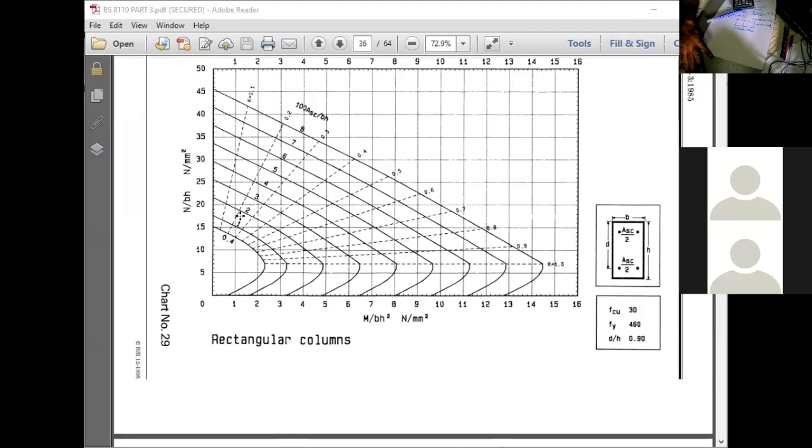The whole section will be in compression. We like to be in this region. We don't like to be in this region. In this region, the axial loads are so low, bending moments are high, so tension is occurring. Whereas if you are in this region, then the axial loads are high, bending moments are low, then the whole section will be in compression. Is that clear?